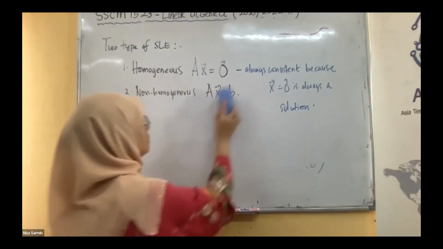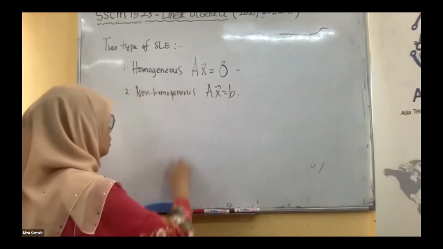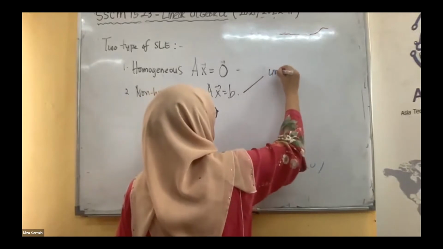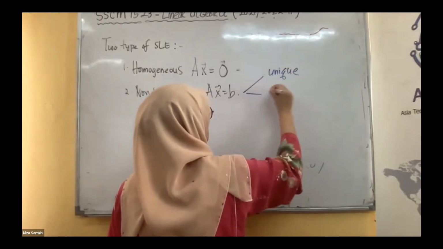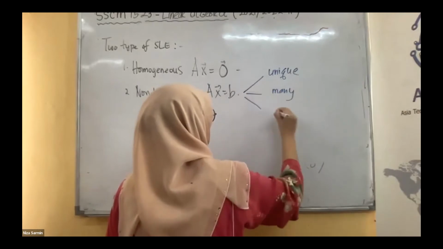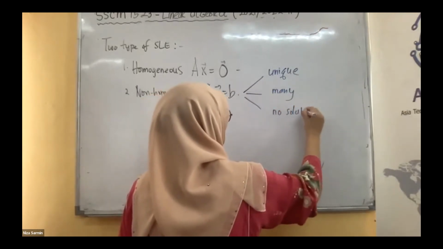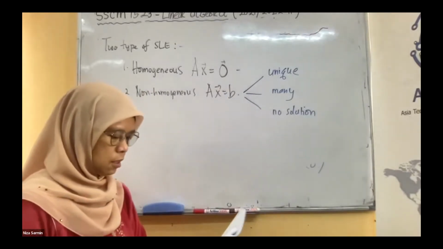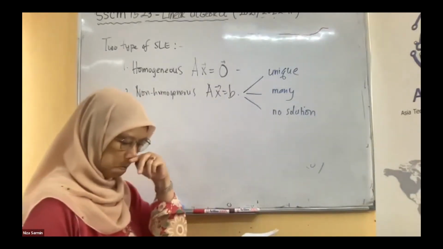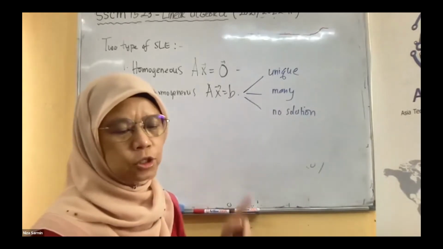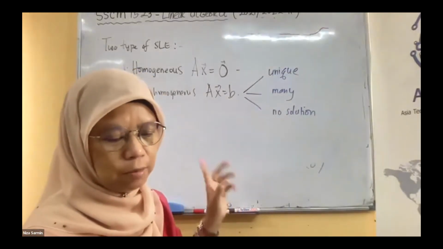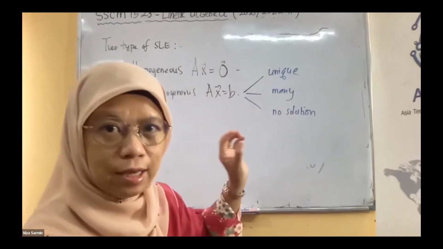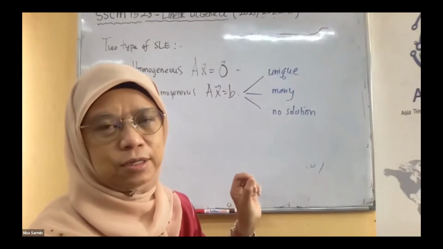Okay, now we look at the non-homogeneous. And we have 3 types, right? We have unique, many, or no. So we have 3 types. So what we will see is the type of solution can be determined using the rank of the coefficient matrix.